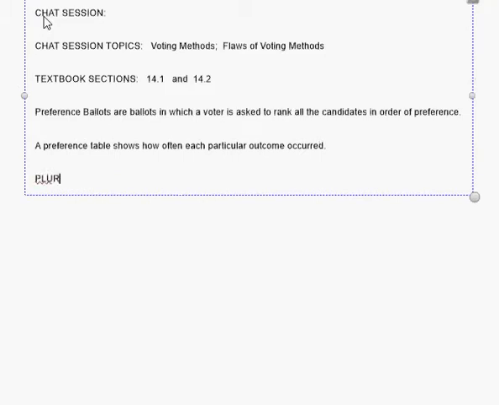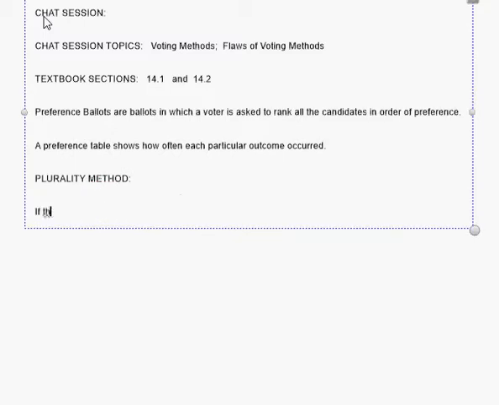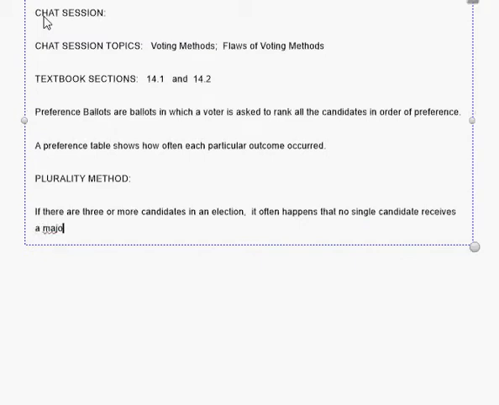Plurality method. If there are 3 or more candidates in an election, it often happens that no single candidate receives a majority of first place votes.